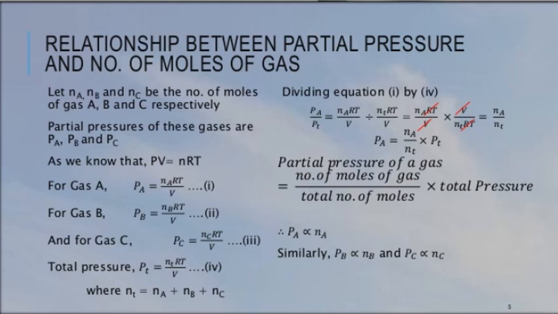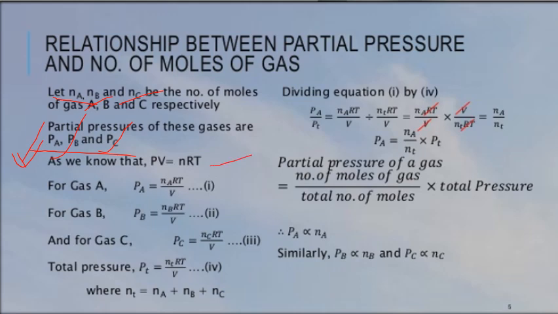Now, number of moles of A for hydrogen, number of moles of B for nitrogen, number of moles of C for methane, for the three gases separately. Now what about their pressures? Pressure exerted by A, pressure exerted by B, pressure exerted by C, namely pressure exerted by hydrogen, nitrogen, and methane, right?